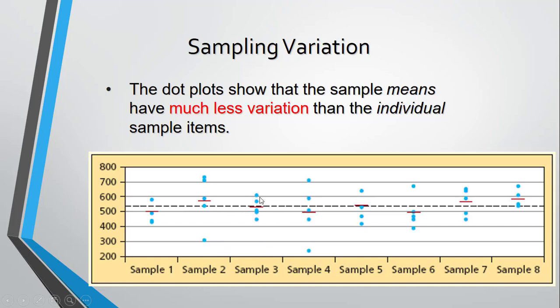This is sample 3, all the scores in sample 3, sample 4, sample 5, etc. And the red bars show the sample means, here, here, here, here, here, here, and here. The sample means have much less variation than the individual sample items. You can see that, right?